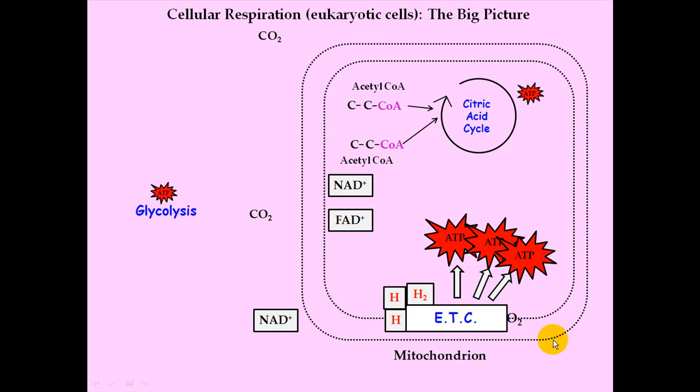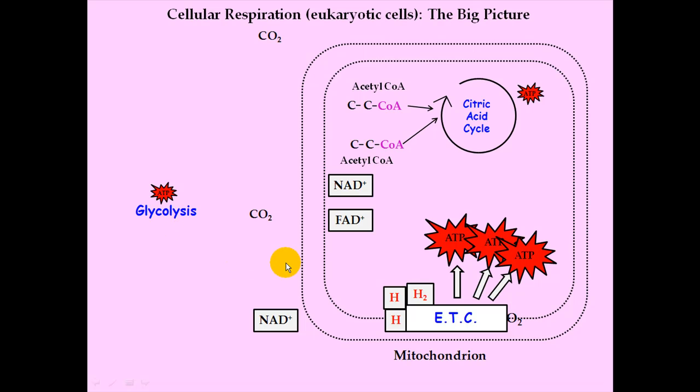So what we'll do next is take a little bit closer look at glycolysis, a little bit closer look at the citric acid cycle, and actually in class we'll take a closer look at the electron transport chain. First we'll start with glycolysis and take a look at more of the details of what occurs during glycolysis. But before we do that, I think it's worth mentioning one thing.